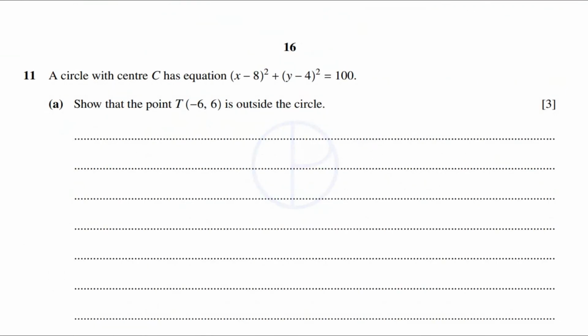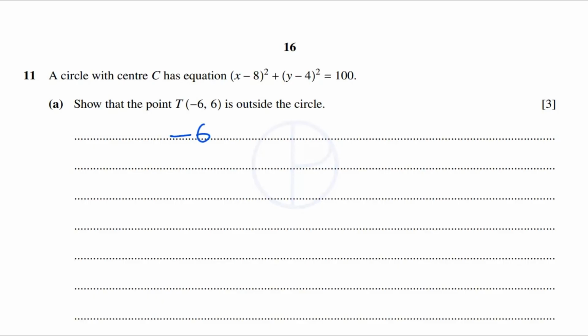The next question is, a circle with center C has an equation x minus 8 the whole square plus y minus 4 the whole square equal to 100. Show that the point T of negative 6 comma 6 is outside the circle. So let's substitute the value of negative 6 and 6 for x and y.